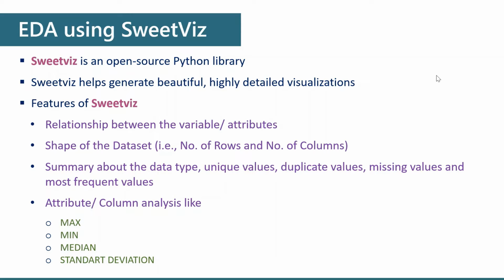It also provides data related to the attribute or column, such as the maximum value in the column, minimum value, median value and standard deviation of the column.